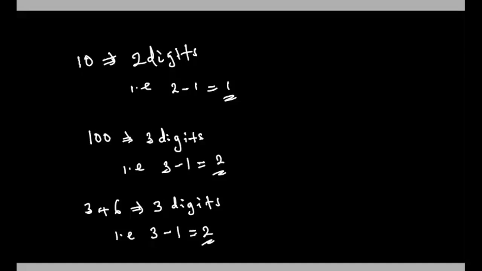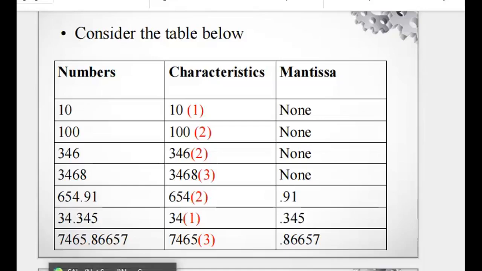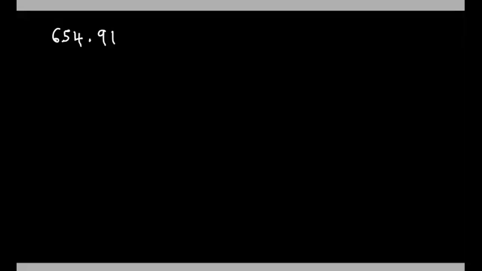Looking at 654.91 here, exactly, this number has a decimal place, and it has just 91 on the decimal side. So it implies that the mantissa here is just 0.91. But what about the characteristics?